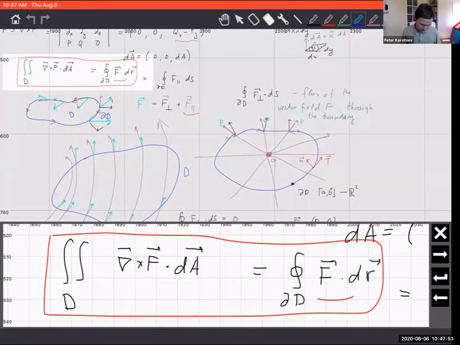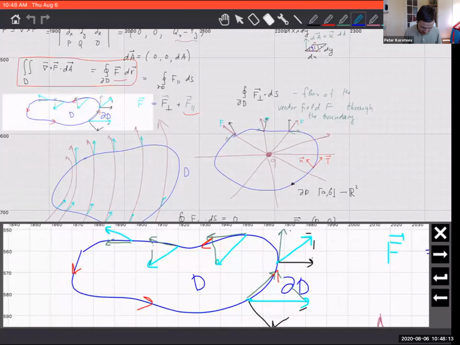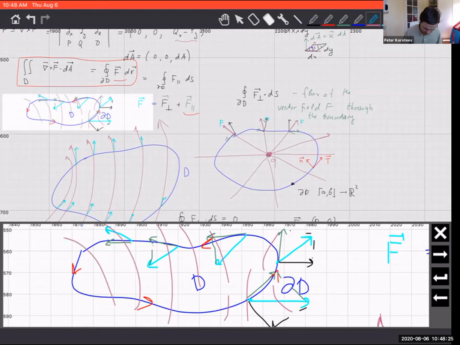What it tells you is that if you have a current that flows on the boundary, then it creates a magnetic field in space, which goes like this. Say the red arrow shows the direction of the current, and that would create a magnetic field which goes through the loop.